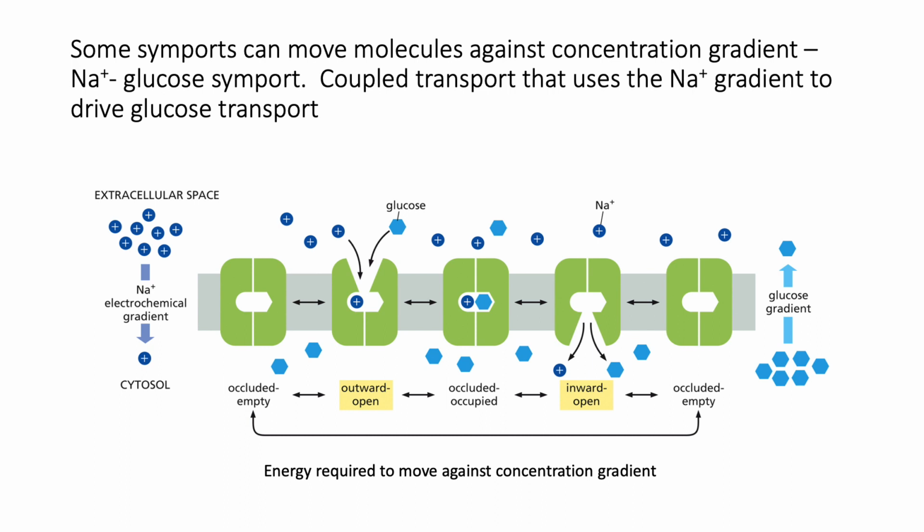Okay, so that's a form of active transport, but most of the time when we talk about active transport, we talk about energy that is generated by the hydrolysis of ATP, although this is, in a sense, active transport. Well, it is active transport, not in a sense. But the energy is coming from the gradient.